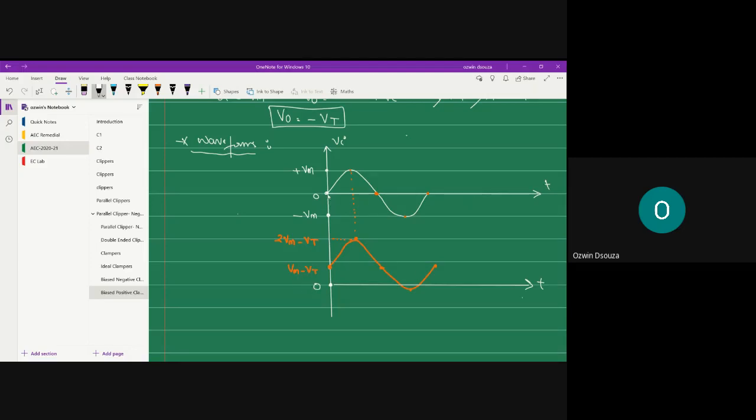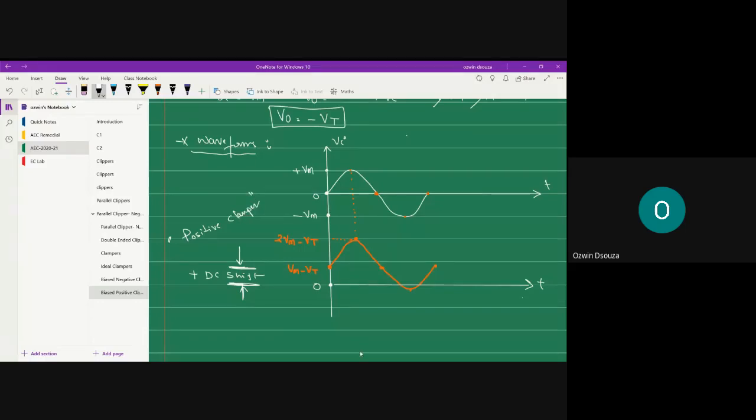Upward direction, right? Your input was at 0 volt level. Now the origin of the output waveform is being shifted to a new level, and that level is Vm minus Vt. So this is the DC shift. You can say positive DC shift, hence a positive clamper.